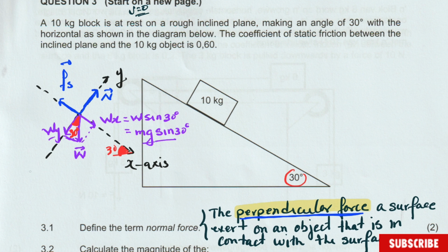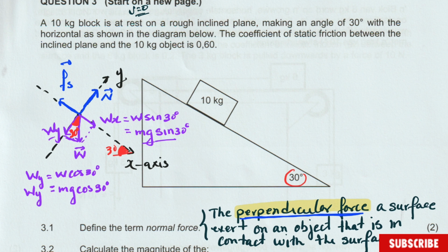And if you want to calculate the weight in the y-axis, it is the adjacent side, so it's going to be the cosine of 30 degrees. If you substitute the value of weight, it is going to be mass times acceleration due to gravity multiplied by the cosine of theta, which in this case is 30 degrees. So this is something for you to remember.